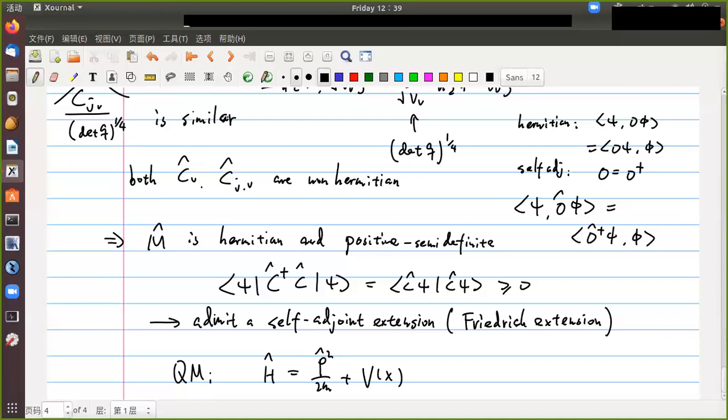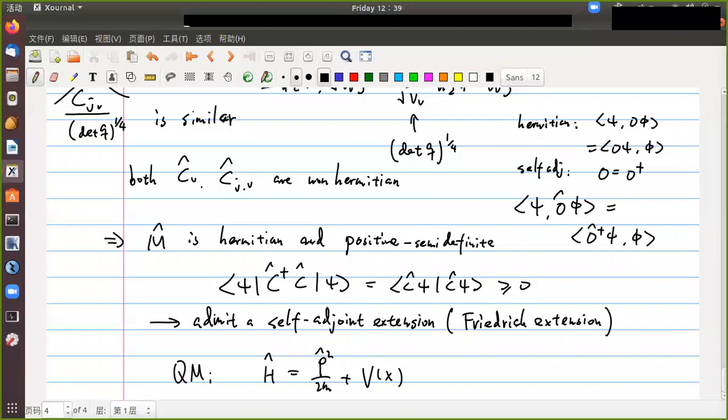Firstly, when you construct a Hamiltonian, you always check that it is really Hermitian. Secondly, you always check that it is a positive operator, otherwise your system is not stable. These two properties imply that it is self-adjoint.